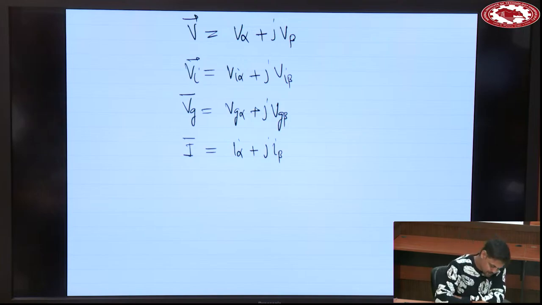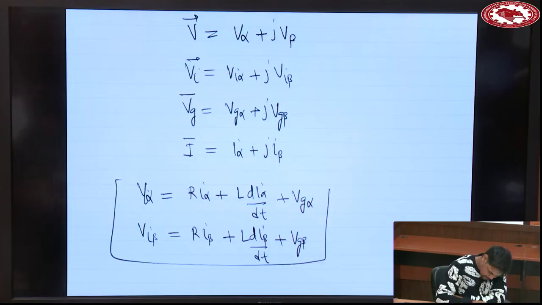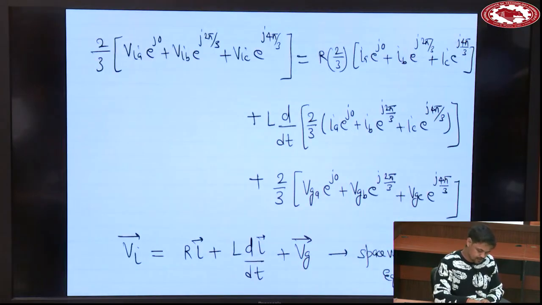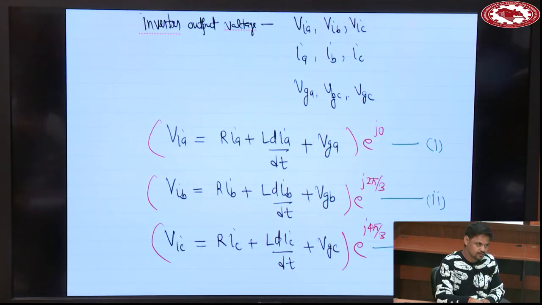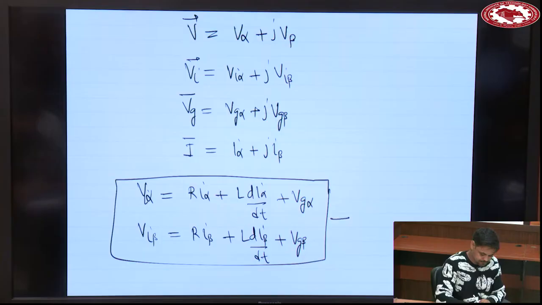So it becomes Vi alpha equal to R i alpha plus L di alpha by dt plus Vg alpha, and Vi beta equal to R i beta plus L di beta by dt plus Vg beta. This is the representation of the three equations which were in the ABC frame, and this is the same system in the alpha beta frame.